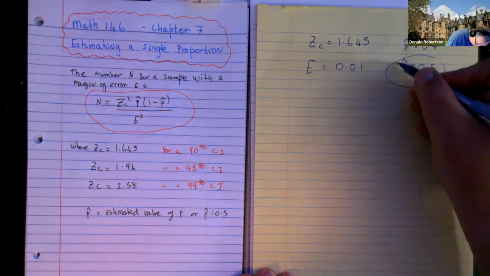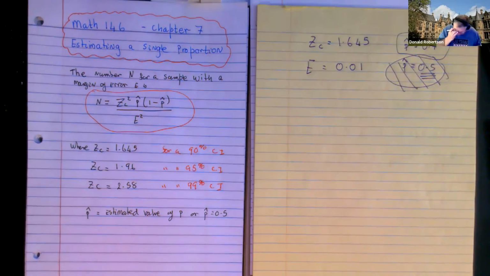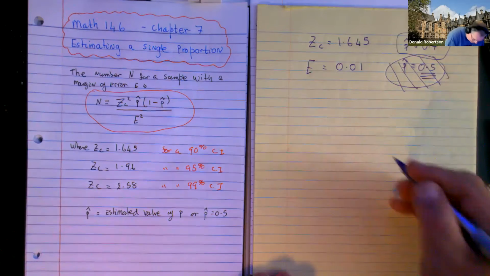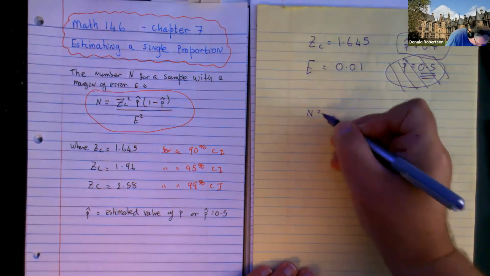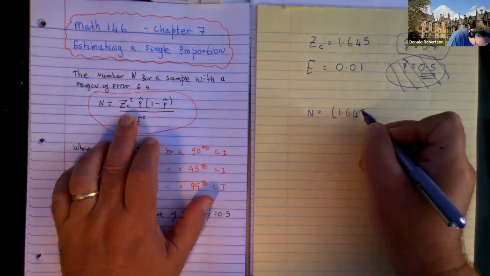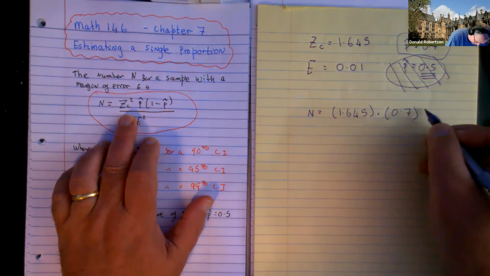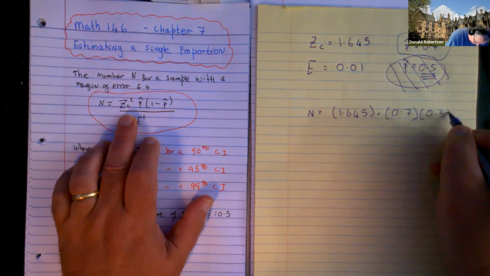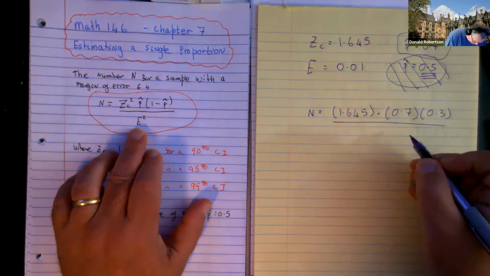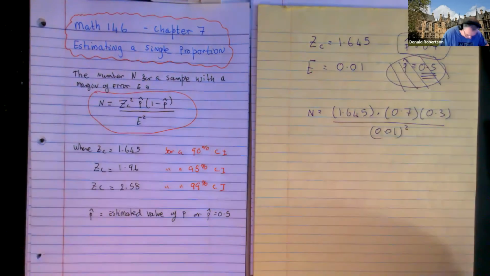So in my story, can we pretend that from past experience P hat is pretty close to 0.7? That's what it tends to come out as. Then the number of people in my sample will be 1.645 times P hat times 1 minus P hat, all divided by 0.01 squared.